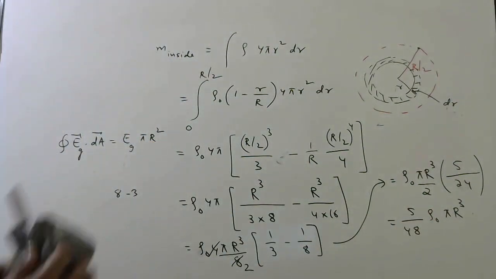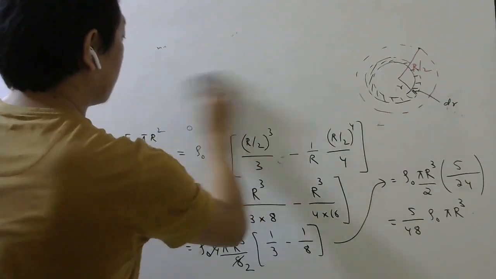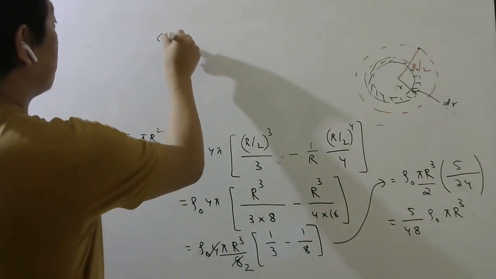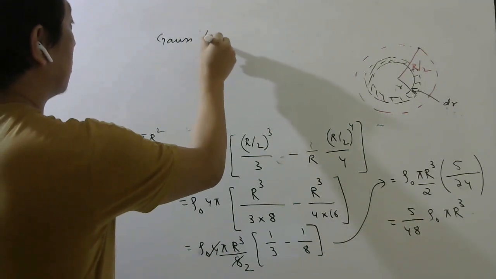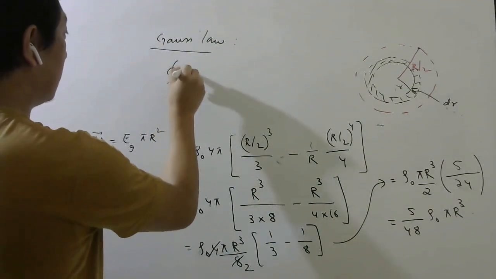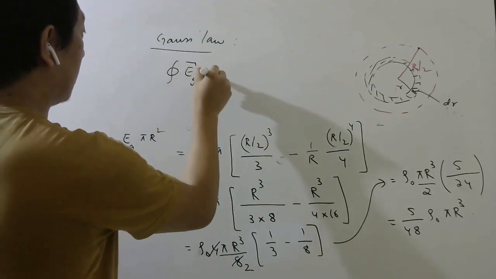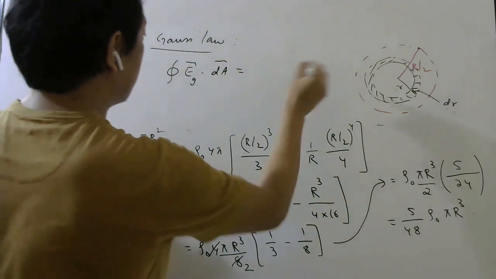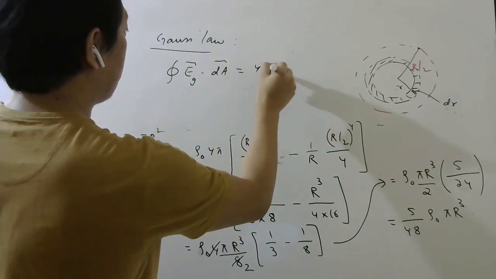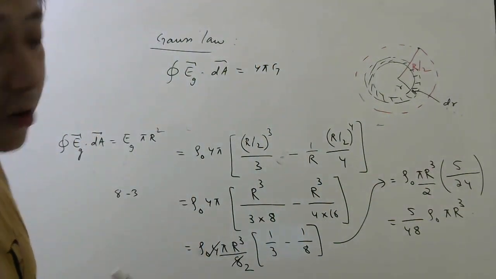So now I can use Gauss law. If I use Gauss law for the gravitation chapter, what will I get? The left hand side was integral E dot dA, equal to mass inside by epsilon naught. Epsilon naught will be your 4 pi G, because it's 1 by epsilon naught, no?